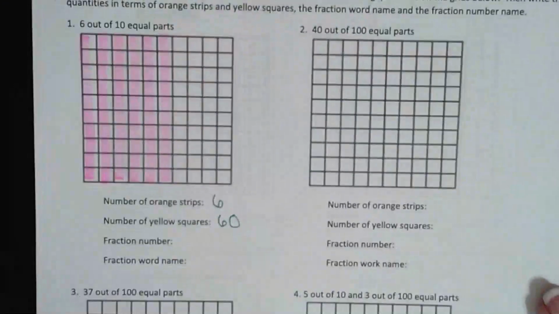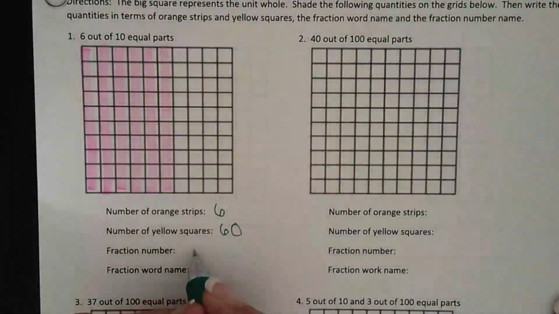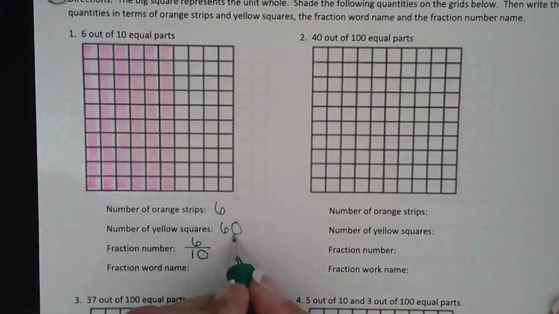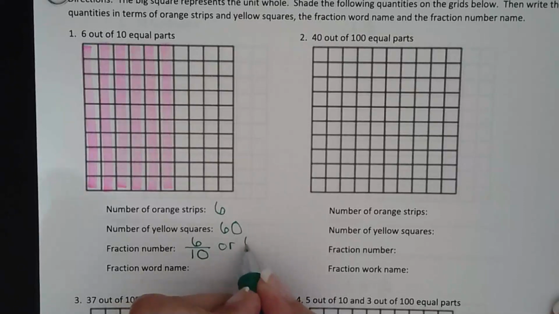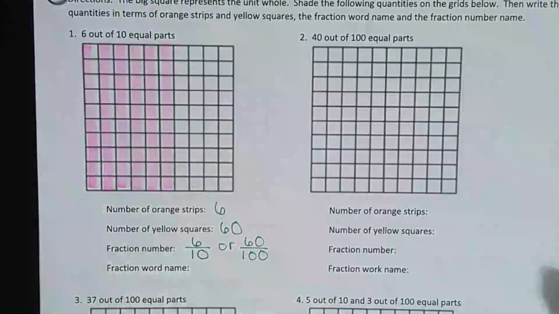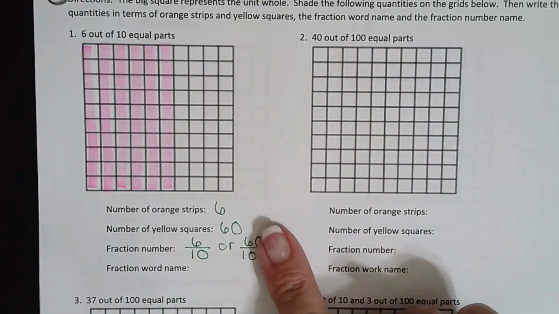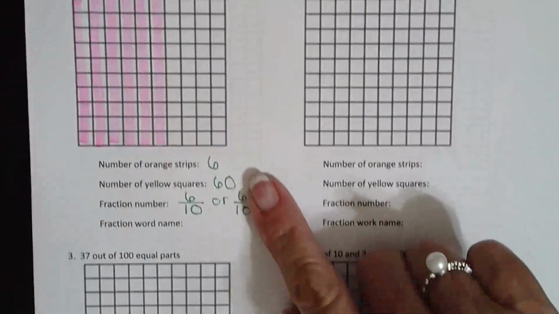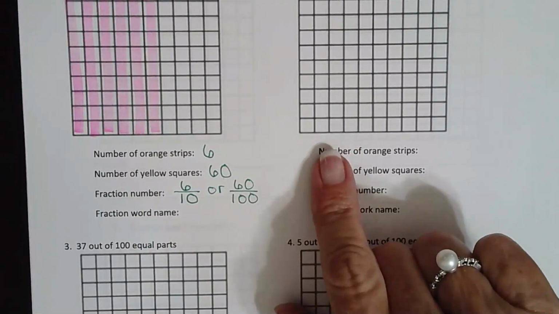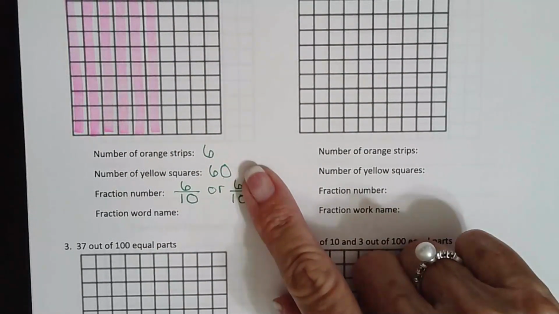So what is the fraction name? 6 out of 10 means 6 tenths, or we could say 60 out of 100. And remember, they're equal. We just learned that on the last page. Take a 0 off of each and you can see the 60 shaded out of 100 total turns into 6 tenths.